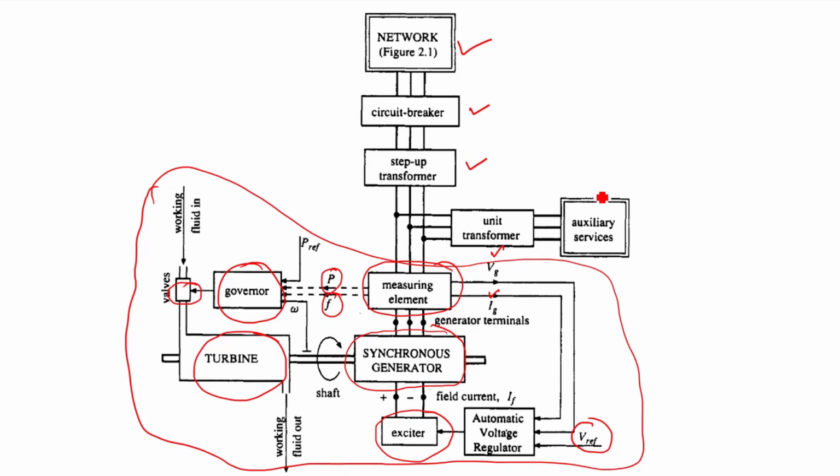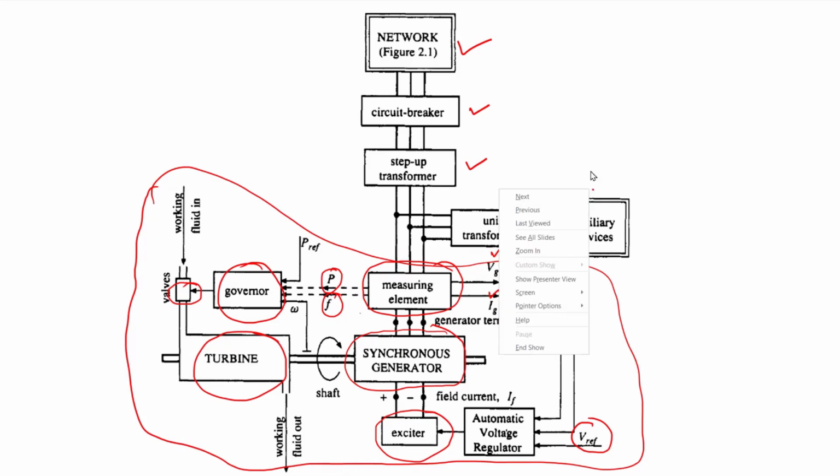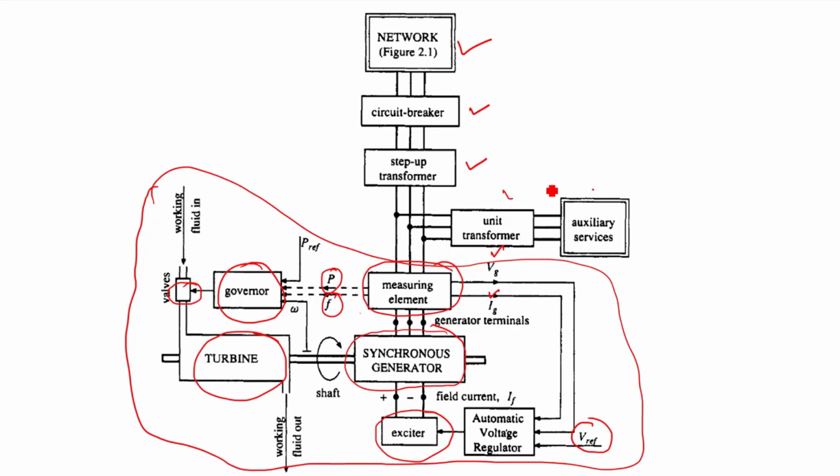Another important unit we have here is the auxiliary transformer. This auxiliary transformer, or sometimes we call it the unit transformer of the generator, feeds the power to the auxiliary services of the generator.